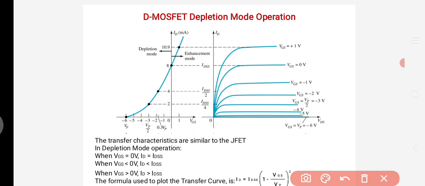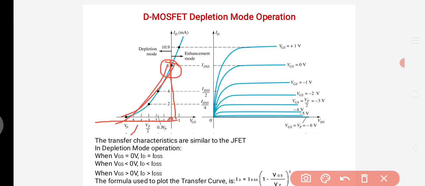Now the drain characteristics of the depletion mode MOSFET. When VGS equals 0, you can get the maximum value of current, that is equal to IDSS. When VGS goes negative, the ID value will decrease, up to some voltage.